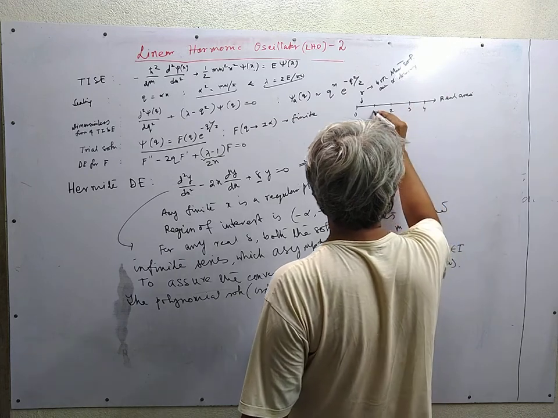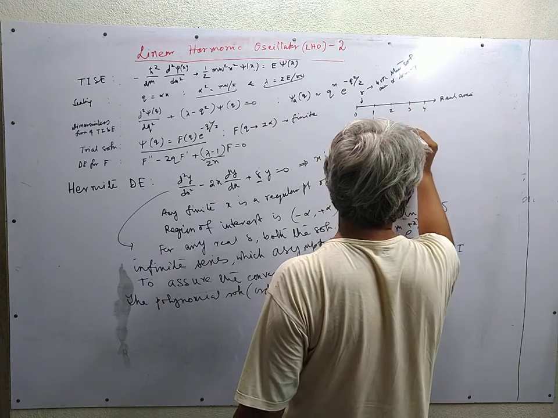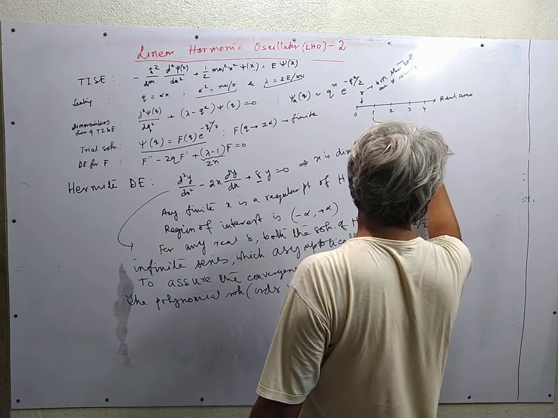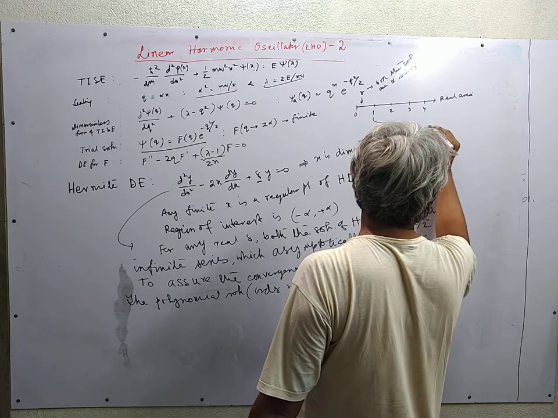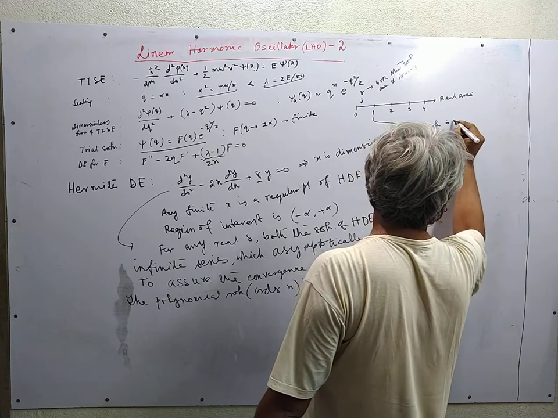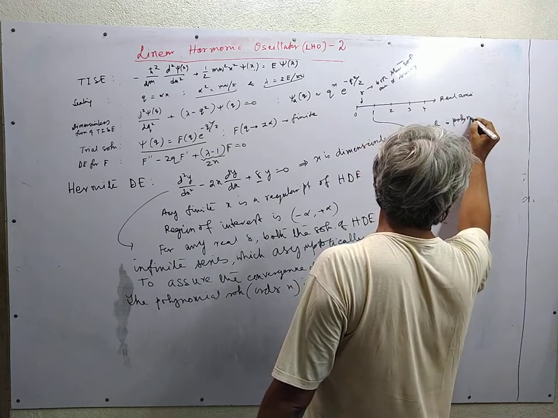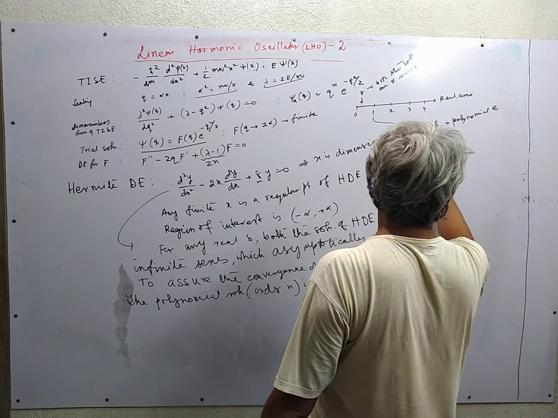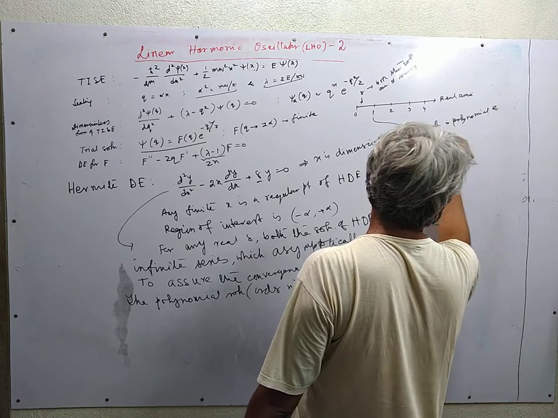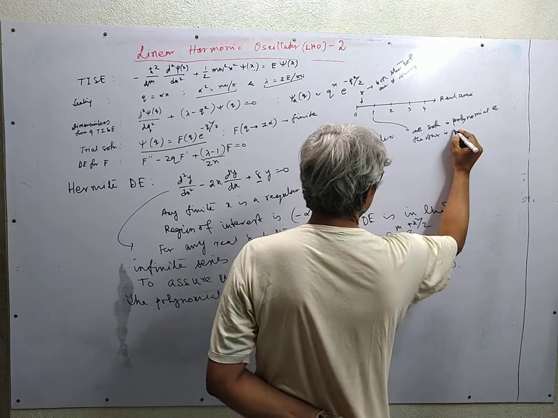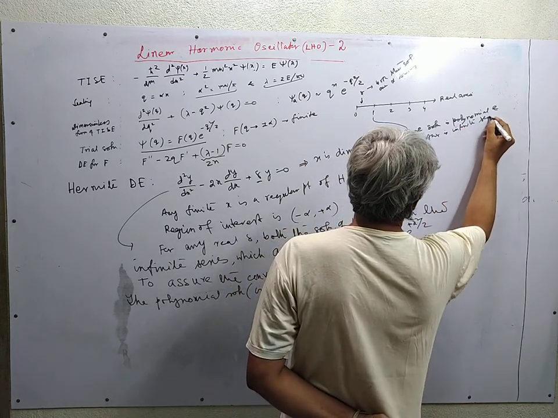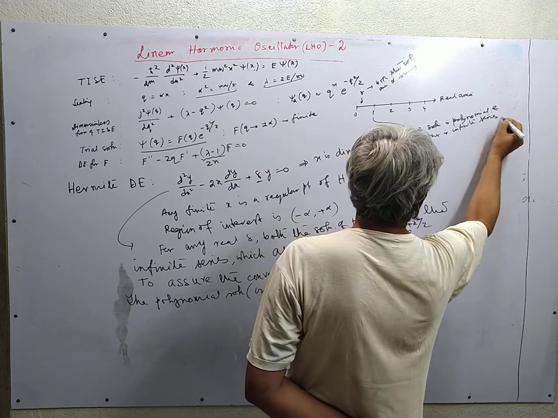If gamma happens to be at this point, then one solution is a polynomial, and the other is an infinite series.